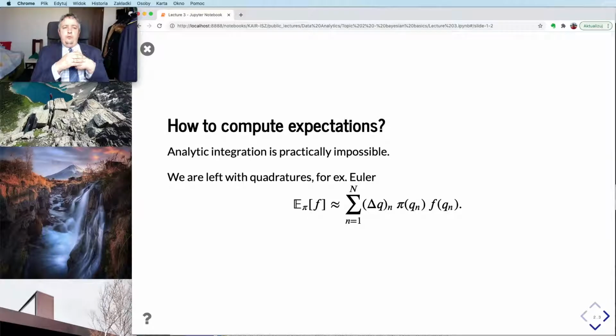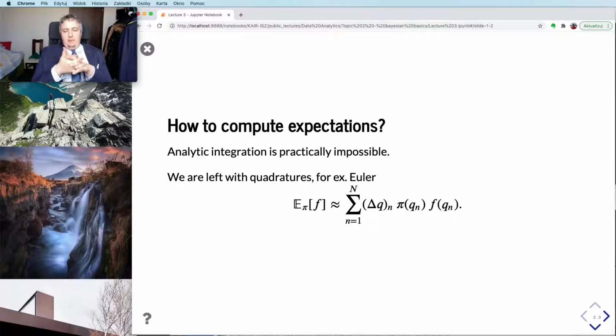And how to compute the expectation? This is a problem, because in computation of Bayesian statistics we have a lot of integrals, and integrals, except for very basic problems of one variable, are not computable.